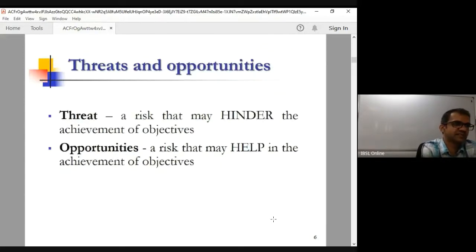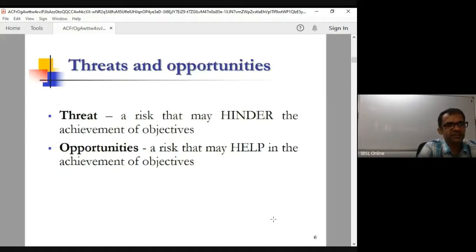Then there's another way of looking at risk. Risk can be a threat and an opportunity as well. Sometimes it can be an opportunity. We have the uncertainty, and that uncertainty itself gives us an opportunity. In the financial market, we will discuss this in future, but interest rates change very frequently.